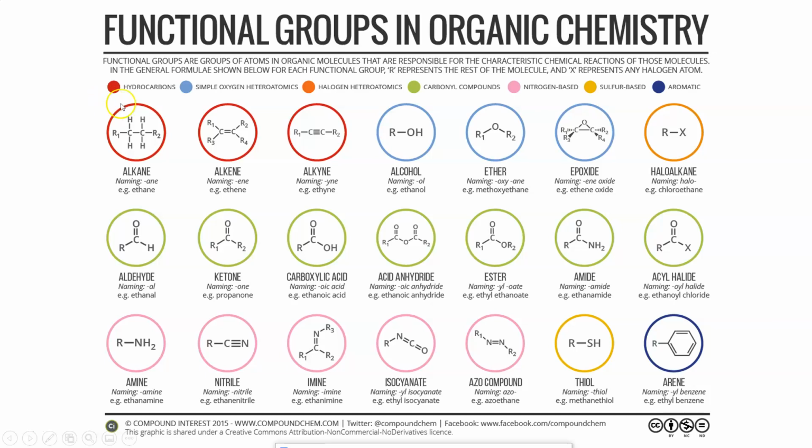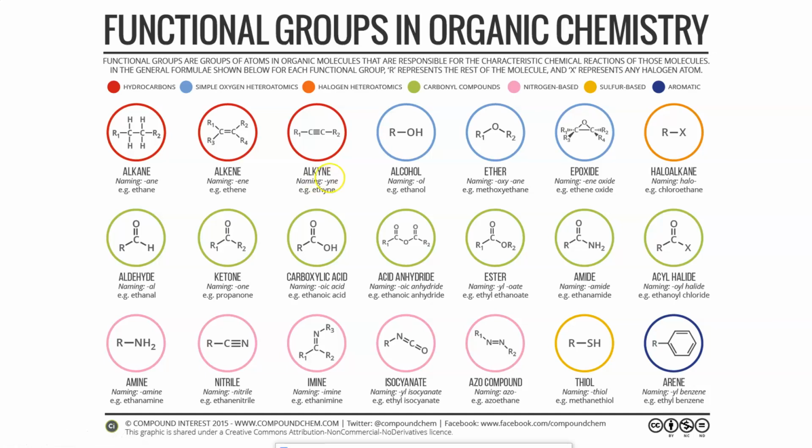Now, if we have 1 or more double bonds, we are going to name this family alkene, right? So when we have any single molecule that contains one or more double bonds, it is considered an alkene. If we have triple bonds, this is an alkyne, right?